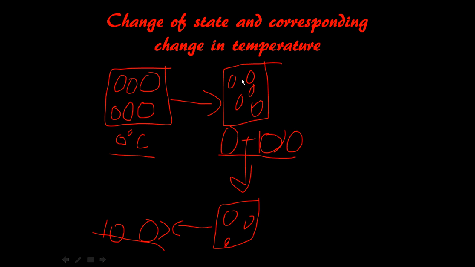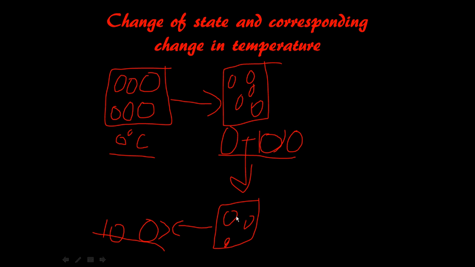Then if you further heat water, these particles will acquire further more heat energy, and they simply start going far and far away from each other because they have very high energies which they get from the heat supplied to the container. So then they get converted into gaseous particles.